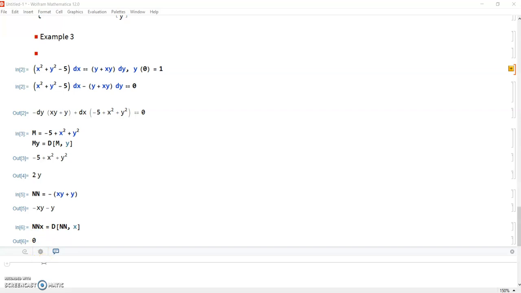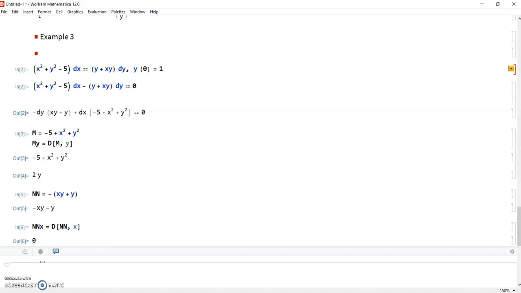Next step is, if this equation is not exact, we need to find an integrating factor. We can find the integrating factor in either Rx or Sy form.